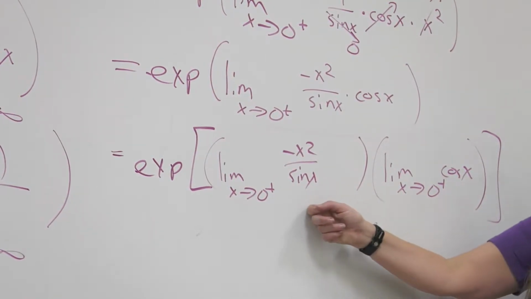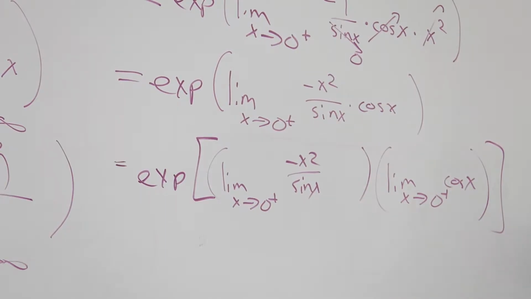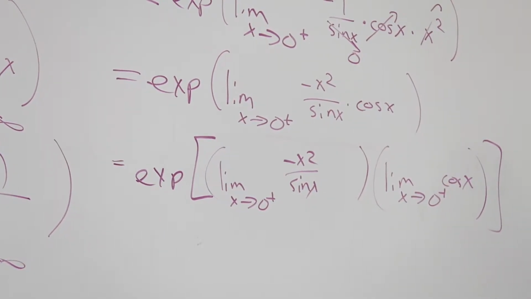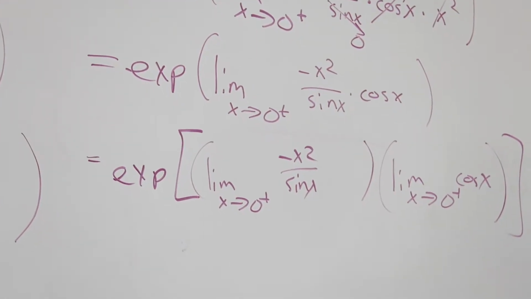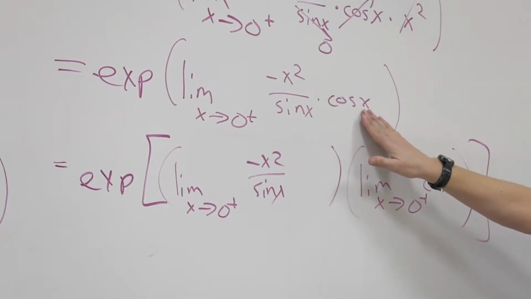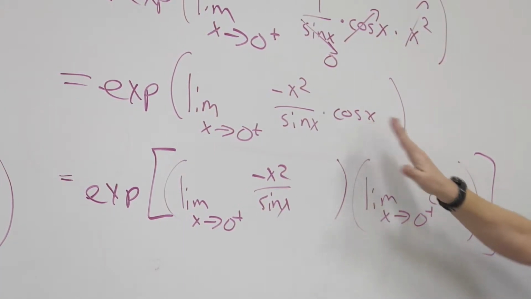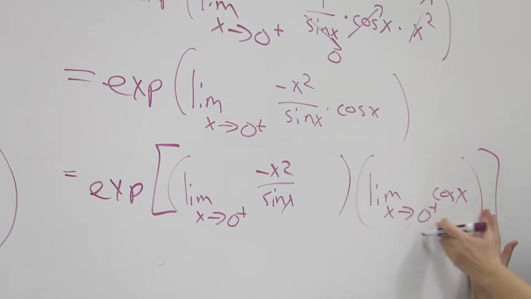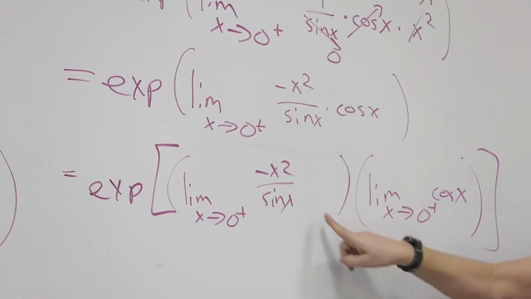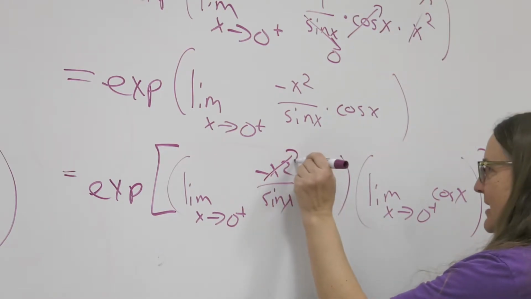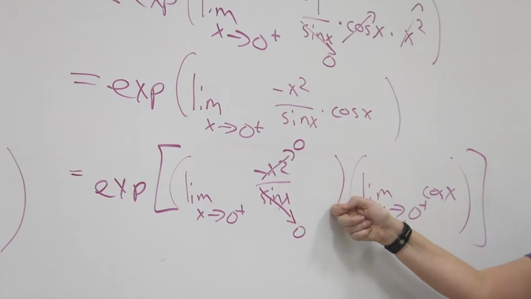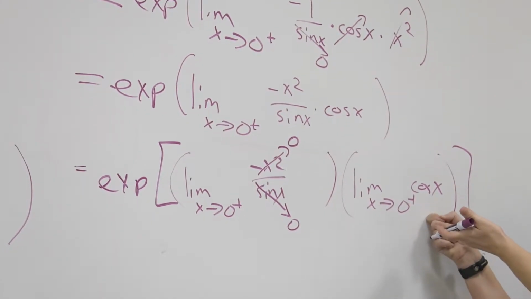This is an important strategy here. If you have a bunch of pieces, it's the pieces that are going to zeros and infinities that are leading to the indeterminate form. If you've got a piece that's nice and well behaved and going to a finite number, very often you can separate that piece out to simplify your calculations. So now, for this piece, top's going to 0, bottom's going to 0, I'm going to use L'Hopital's rule here. This piece, I'm just going to plug in 0.